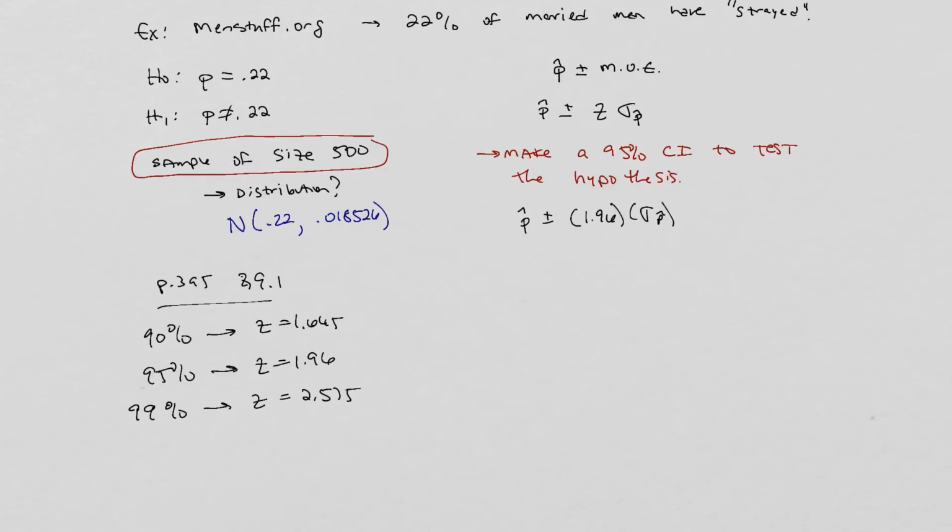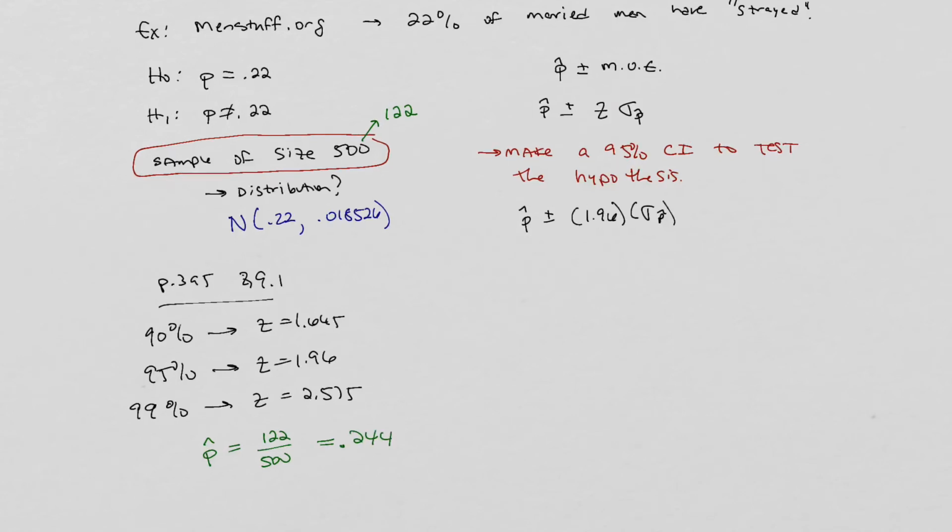To set this up, p hat, that number that comes from our sample, we actually never wrote that down, but from the book, when we looked at the sample of size 500, 122 of the men said that they did stray in their marriage. So in this case, p hat, the proportion of the sample, will be 122 over 500, which is 0.244.